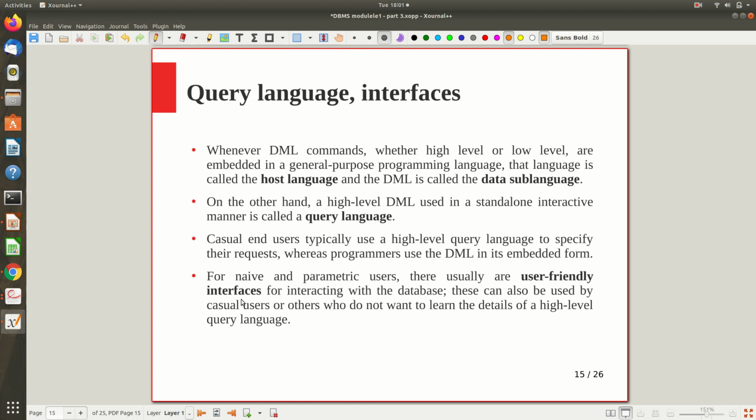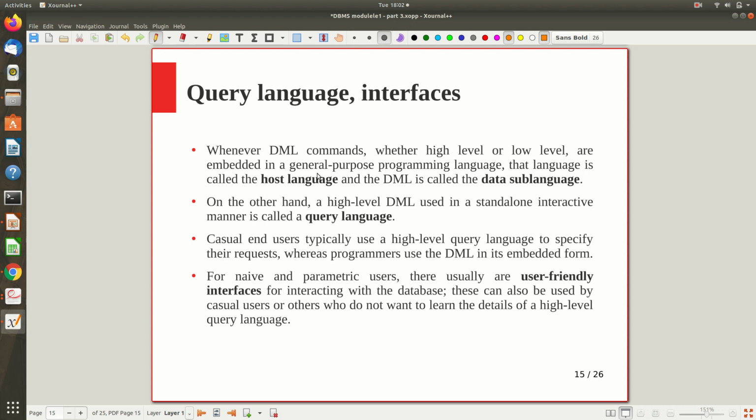Now a few more things: query language interfaces. Whenever DML commands, whether high level or low level, are embedded in a general purpose program, we have already seen that low level DML must be embedded in a general purpose programming language. High level can either be embedded or work independently. If you are embedding, the language is called a host language.